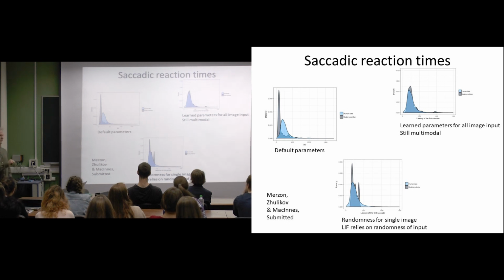It borrows the variance from the image. But of course, people have this distribution even if you give them the same image over and over again. This is one thing we've just submitted from another group, and we're basically pointing out the limitations of these algorithms in terms of human data.